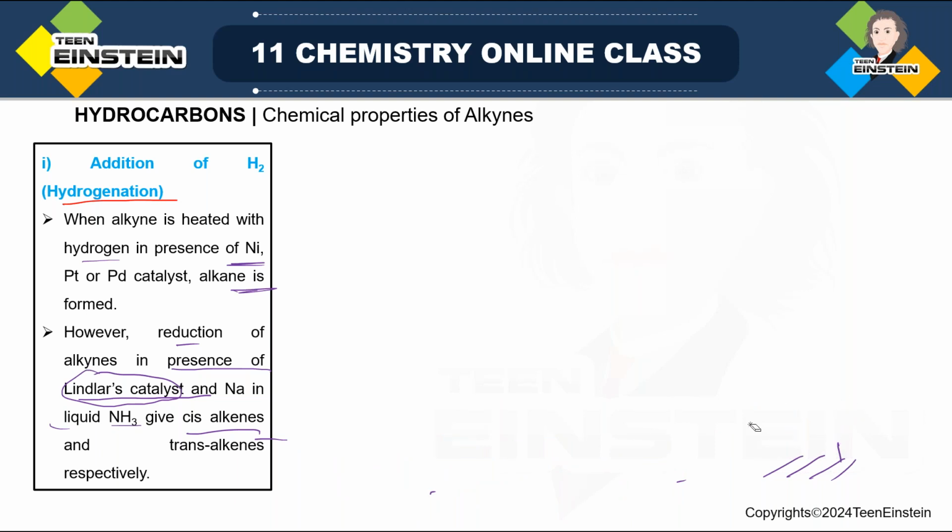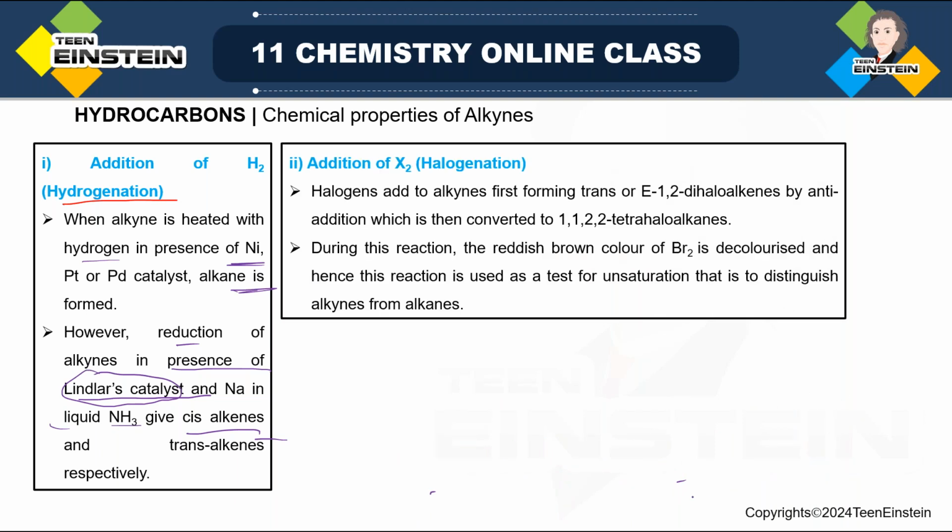We will go to the next reaction, which is addition of halogen, or you can call it halogenation. So halogens act on alkynes. First, formation of trans or E-1,2-dihaloalkene by anti-addition, and then it is converted to 1,1,2,2-tetrahaloalkane.